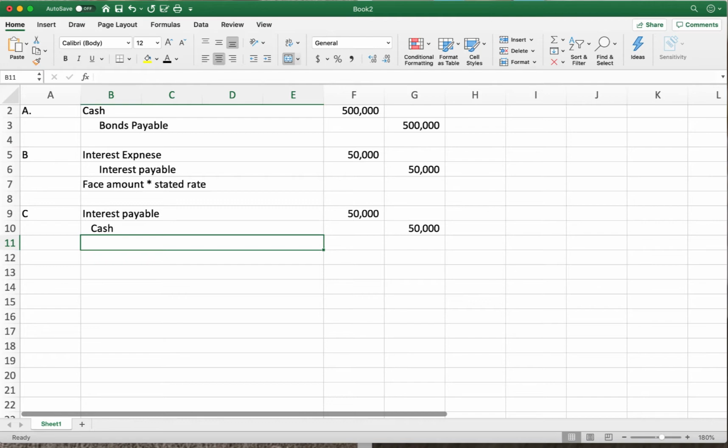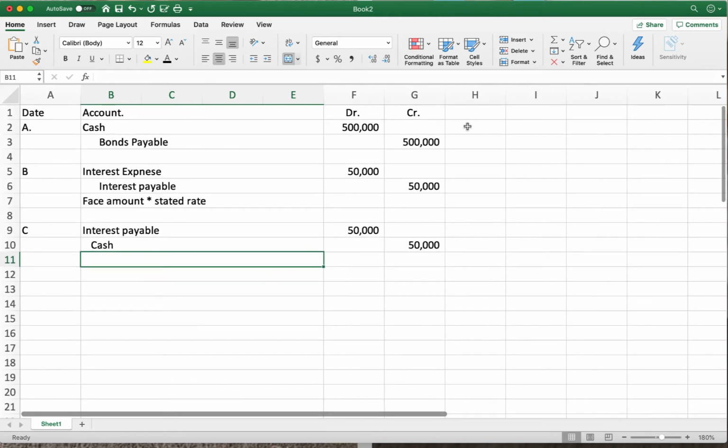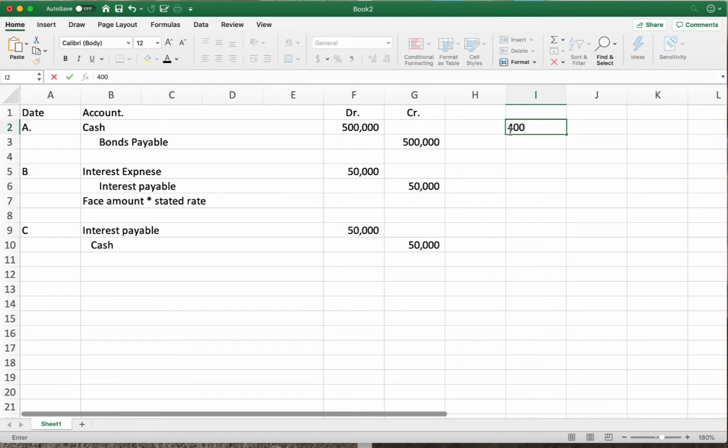For exercise 15-3, 15-3 is identical, right, to what we have here. The dollar amounts for exercise 15-3, I'm going to just put them over here. So we should have recognized that the bonds were issued at face value, which is $400,000. The interest expense that we need to calculate in exercise 15-3 is face amount times the stated rate.